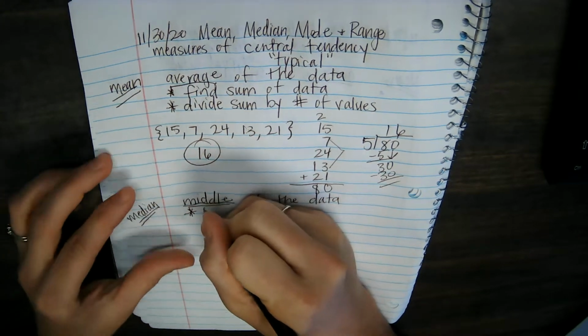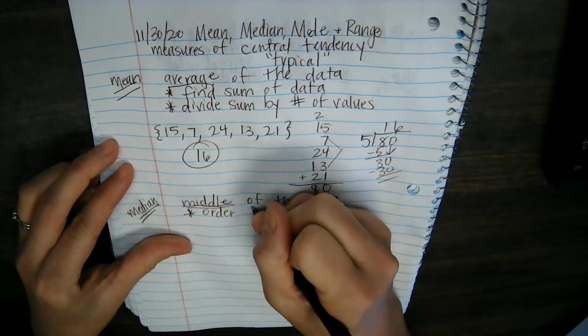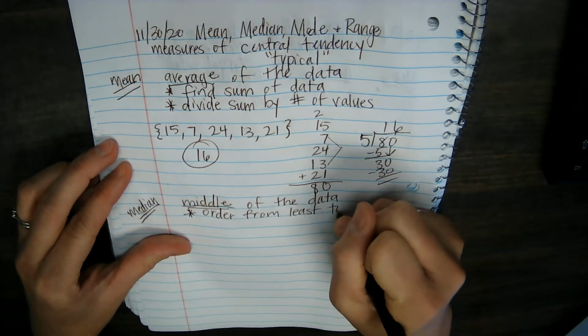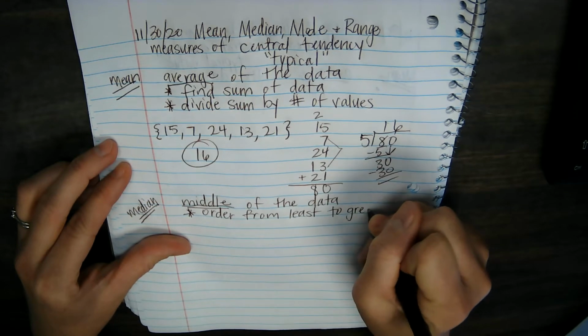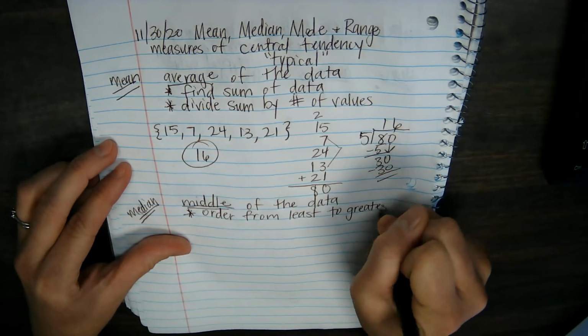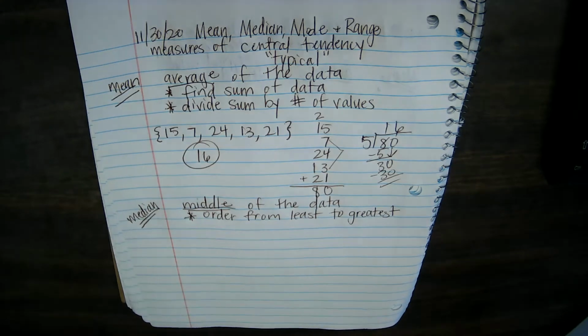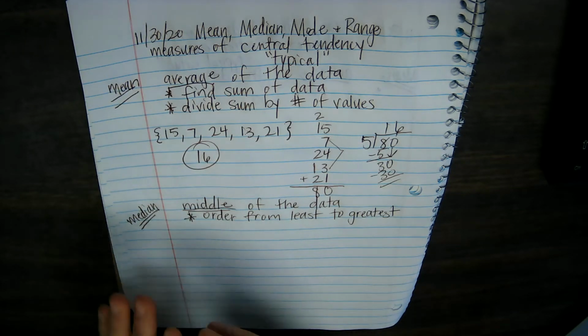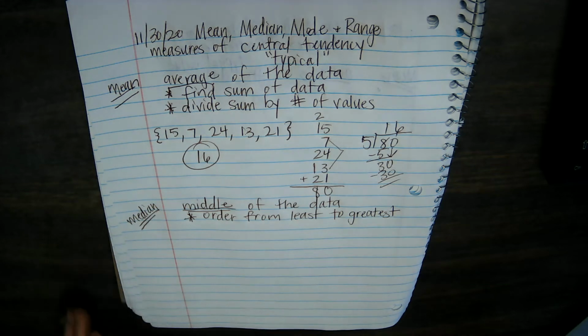So we're going to order from least to greatest. And then whatever is in the middle, so when you think of the median of the road, that is the thing that goes down the middle, that dotted line that keeps you from crossing over.